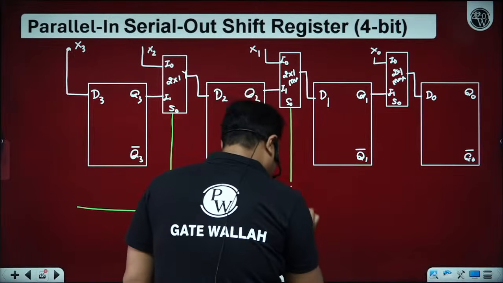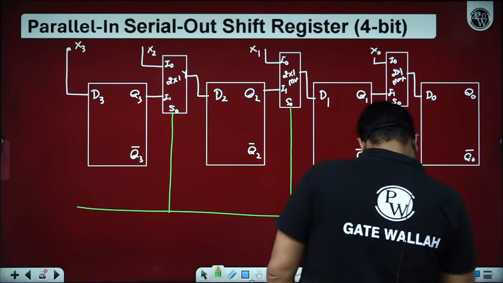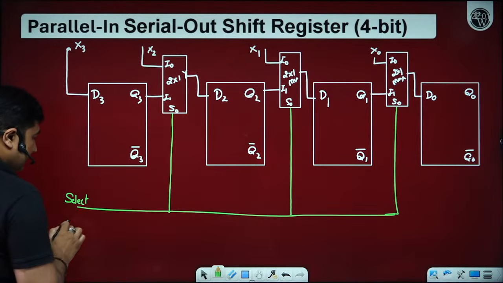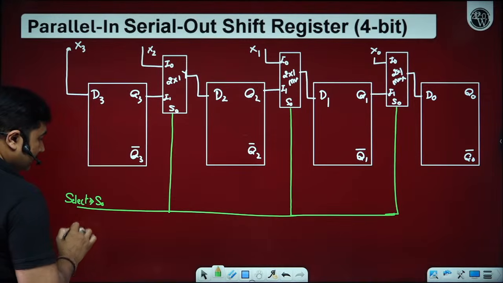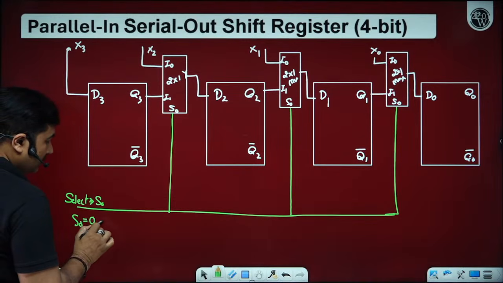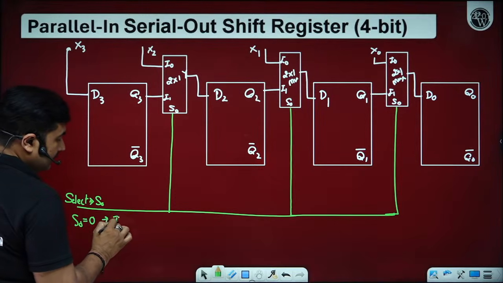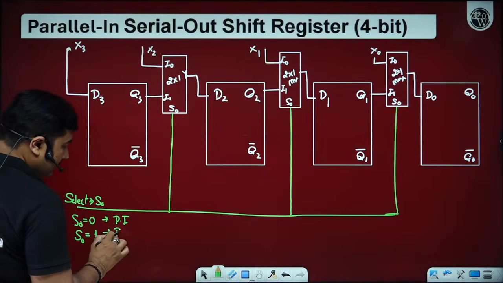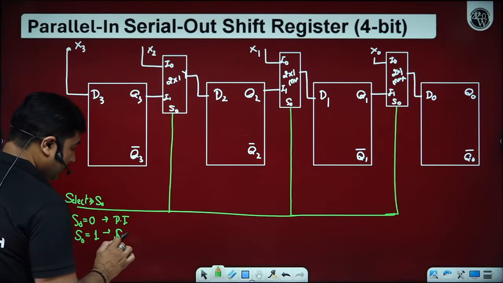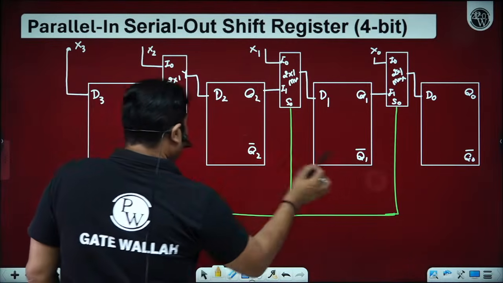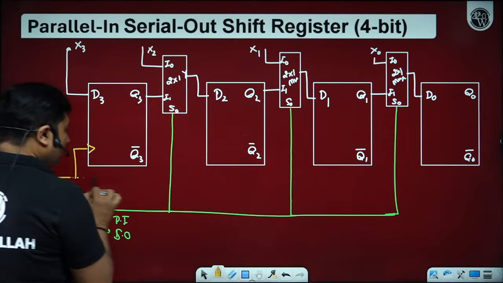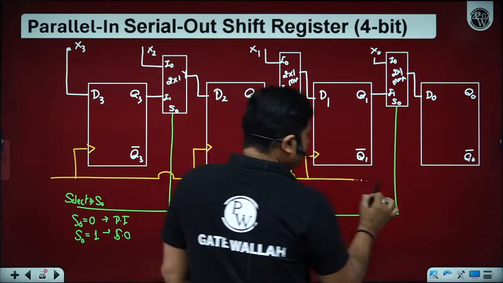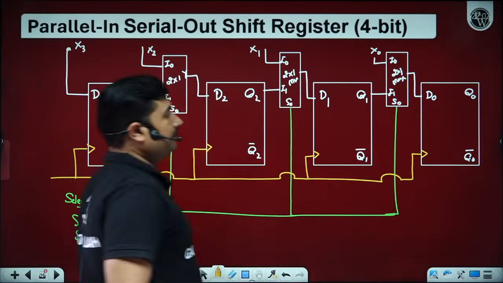It means either we can do parallel in or we can do serial out based upon the select. When select S0 is equal to 0, data is parallel in, and when S0 is equal to 1, we are getting the serial out operation. All flip-flops are connected with the same clock pulse. It means all get activated at the same time. Is it okay?